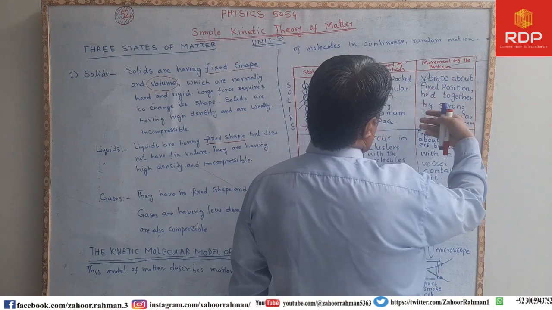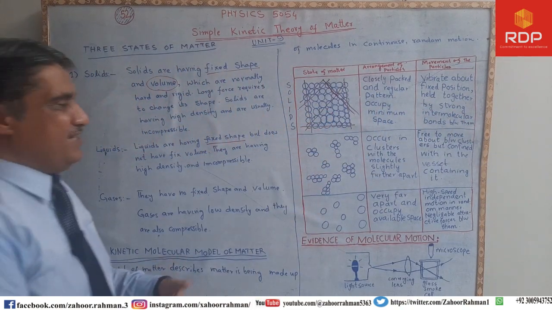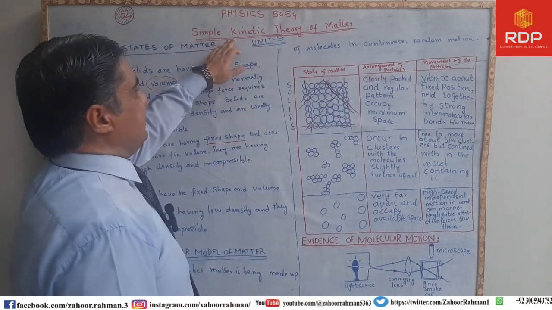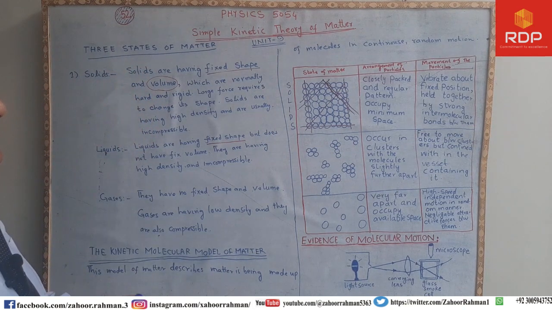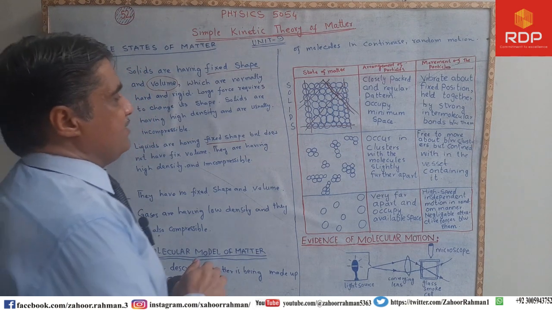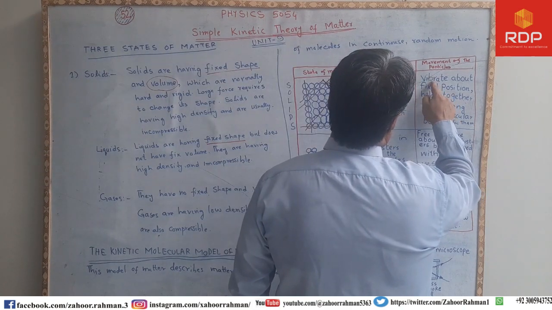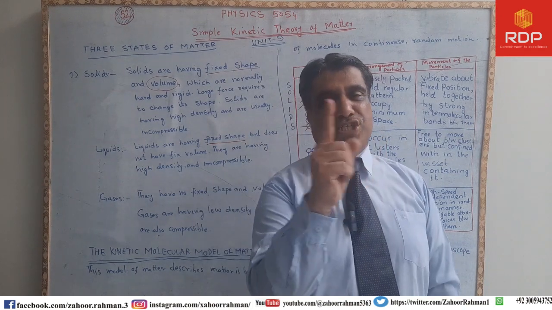What is the movement? That is the generalization of this pattern. But internally, what important role is this kinetic theory of matter playing in the explanation of the solid state? The molecular movement is vibrating about a fixed position.